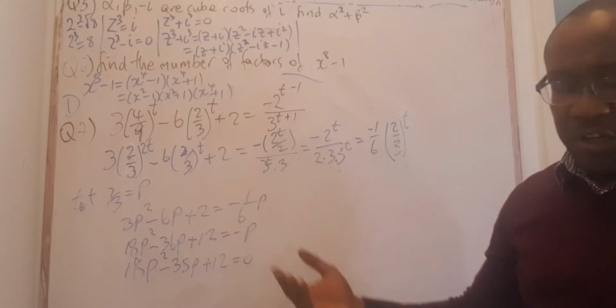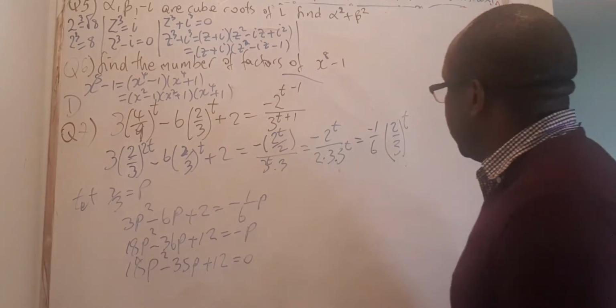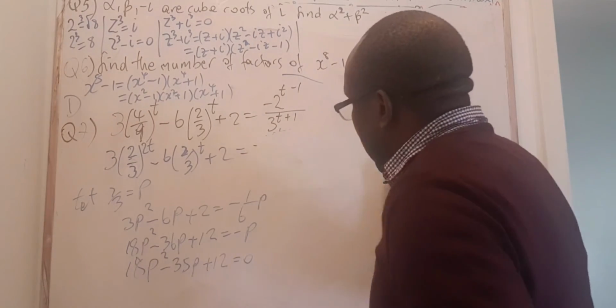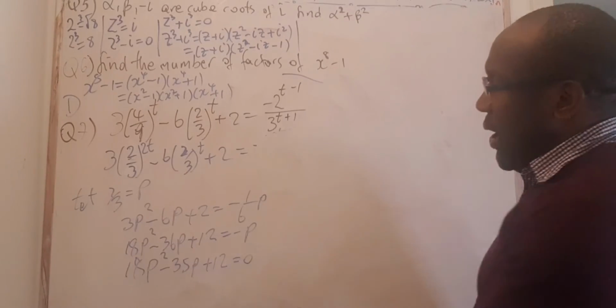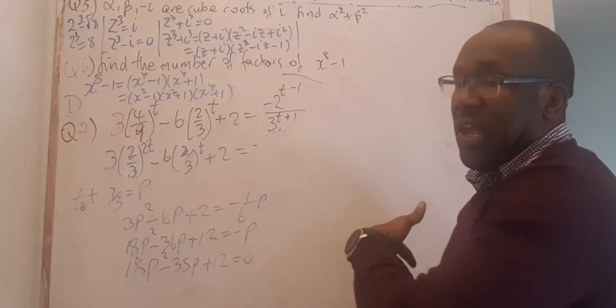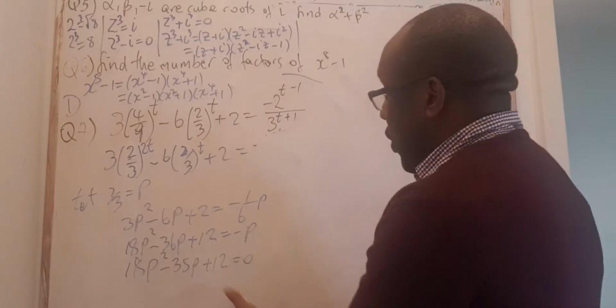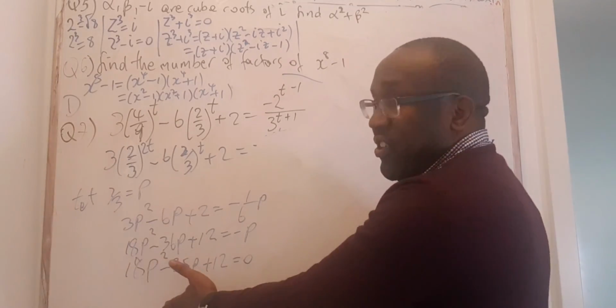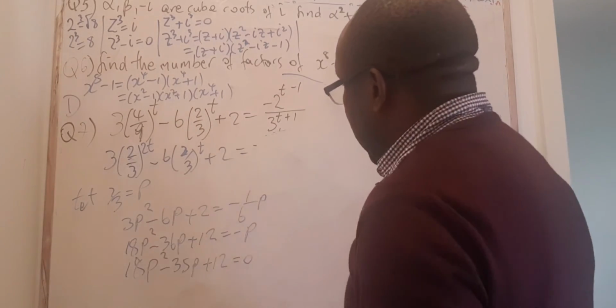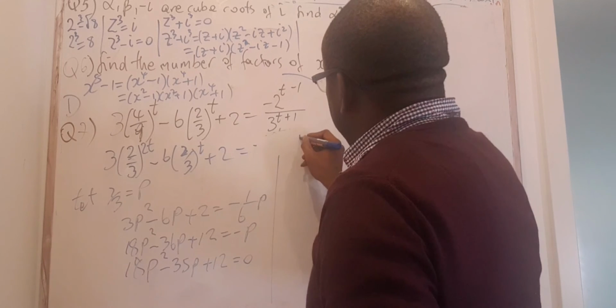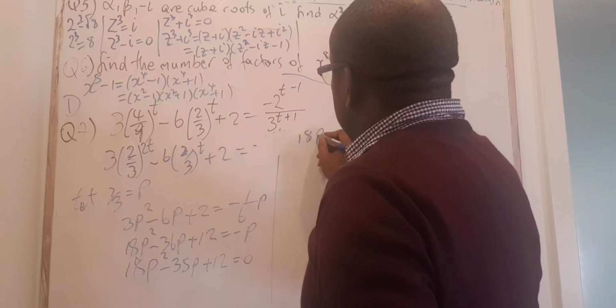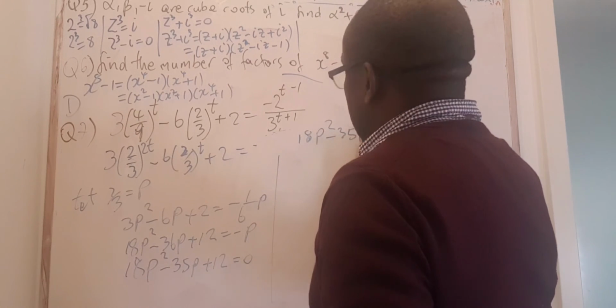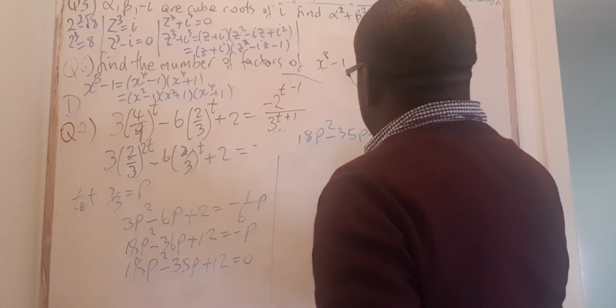This is a quadratic equation in p that I can solve. I can also use factorization. You can use any method that you want to solve that. You can use the quadratic equation formula, look for the discriminant, and apply all the techniques. But it's easy, I can factorize it here. So 18p squared minus 35p plus 12 is equal to 0.